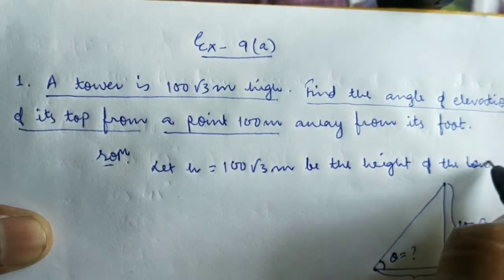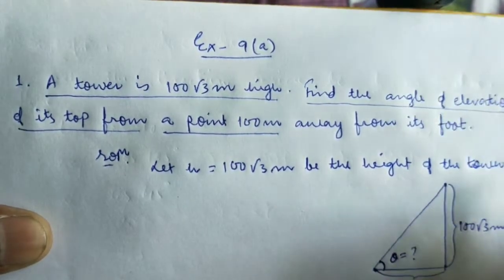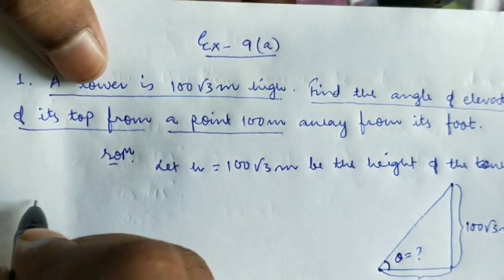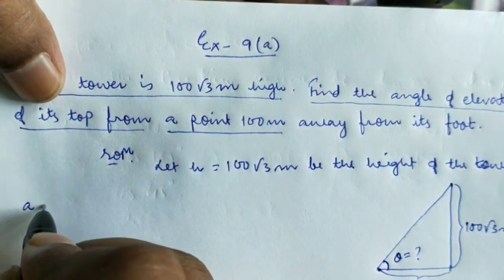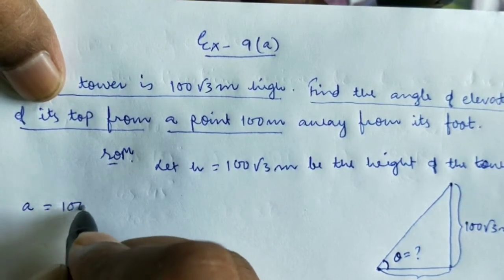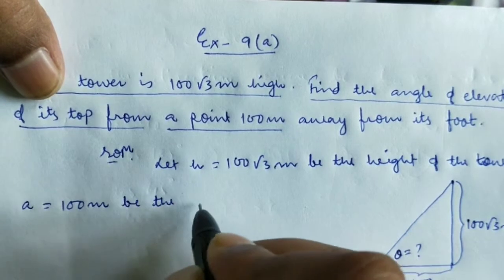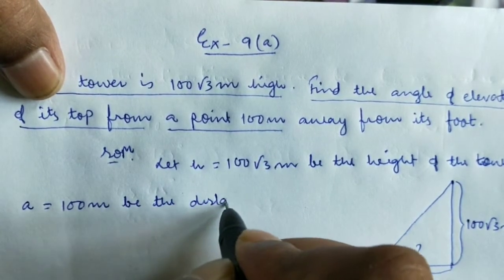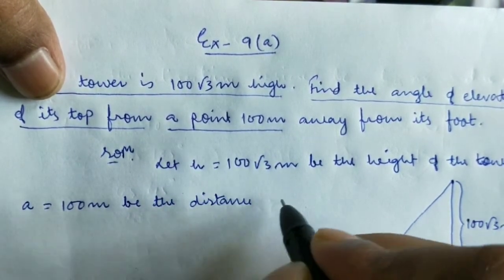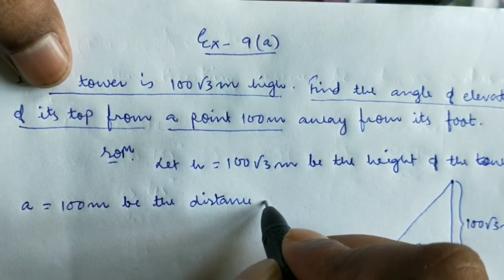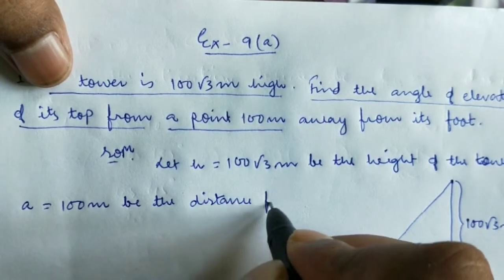Then we have already considered the height of the tower. Now we'll consider that a equals 100 meter. That means the distance from the point on the ground to the foot of the tower. So a is equal to 100 meter, the distance from the foot of the tower to the point on the ground.